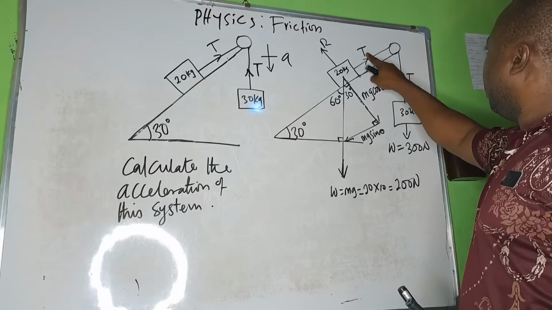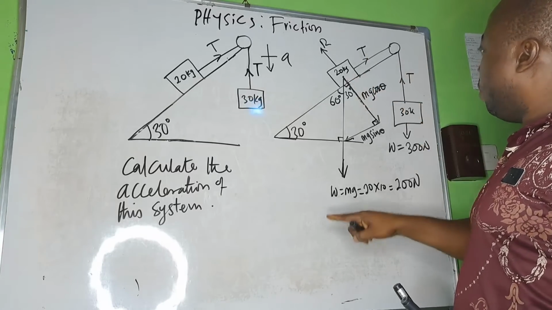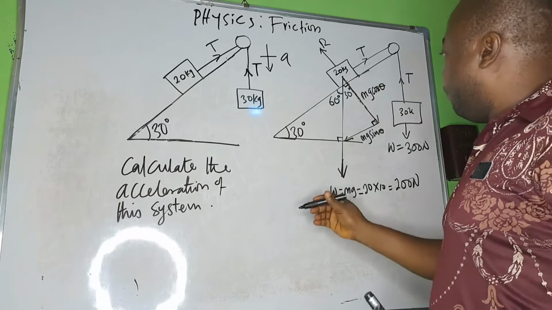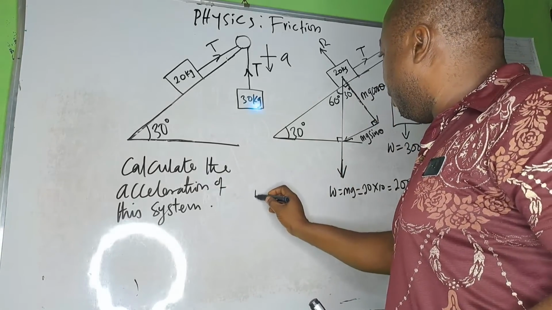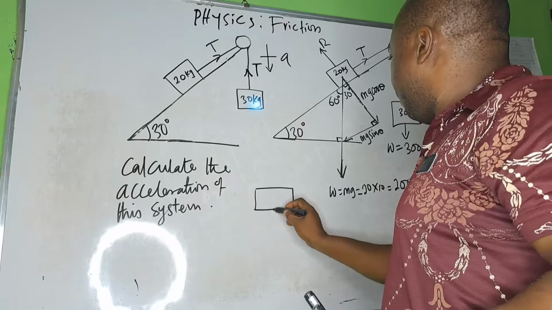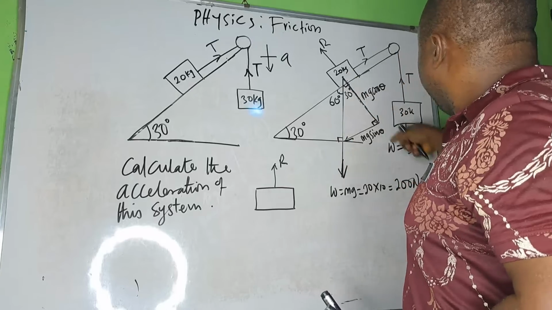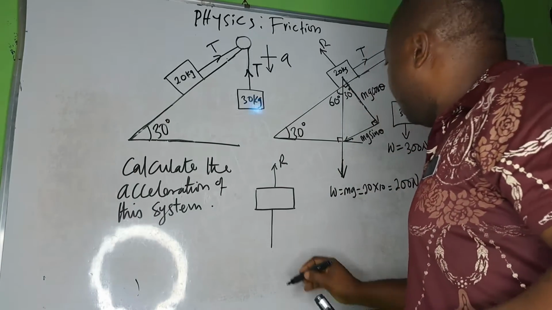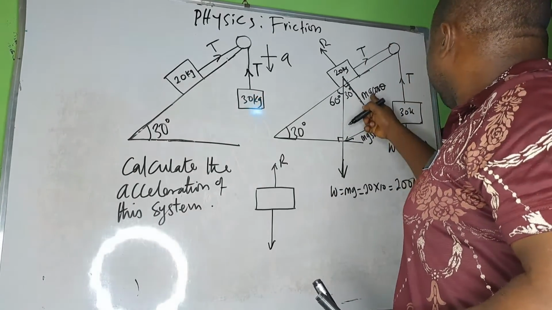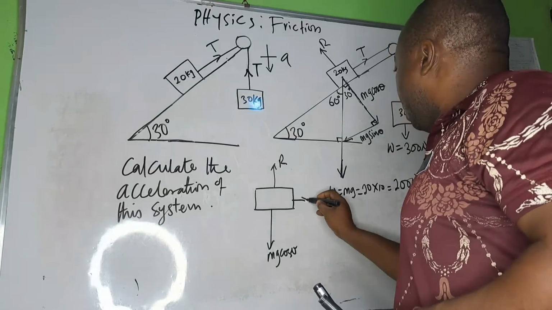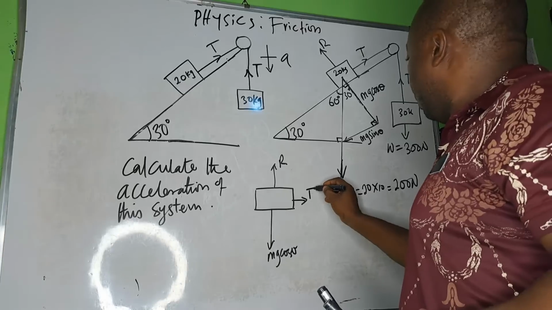this tension, we resolve into components. So with respect to this force, I would have normal reaction R, opposite it is mg cos theta. This other side is the tension.